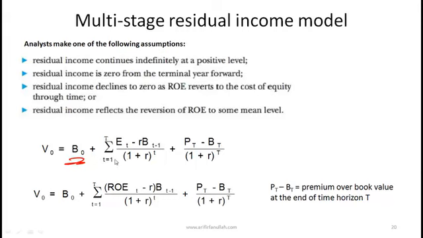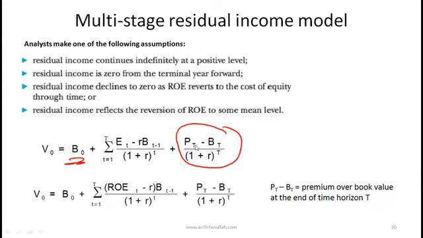So let's say you have high growth rate for 4 years. Then for t equal to 1 to t equal to 4, you take out the individual residual incomes and discount that back. Okay, and then at the end of year 4, for all subsequent value created, you just take the estimated price of the stock at time t minus the book value at time t.